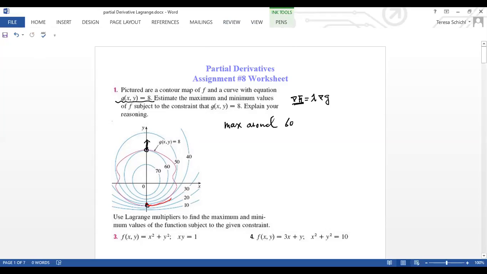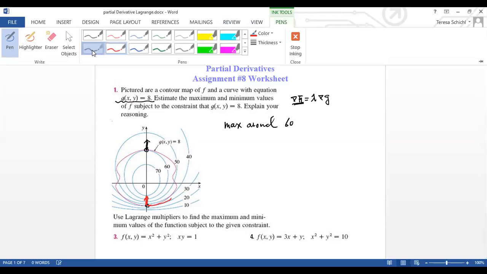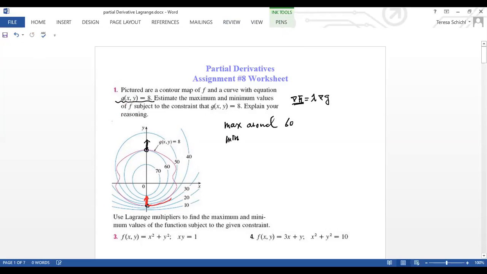In the same way, the gradient vectors go the same way. They are both perpendicular to the level curve of g(x,y) and the level curve of f(x,y). So what is my minimum value? This level curve is here, so it should be around 30. This is pretty straightforward.